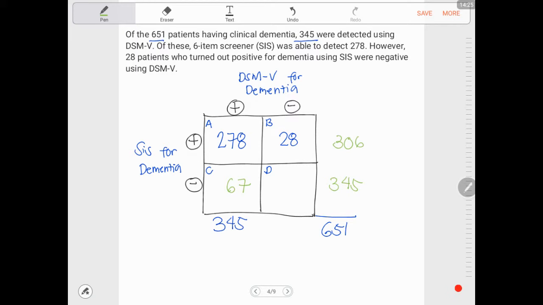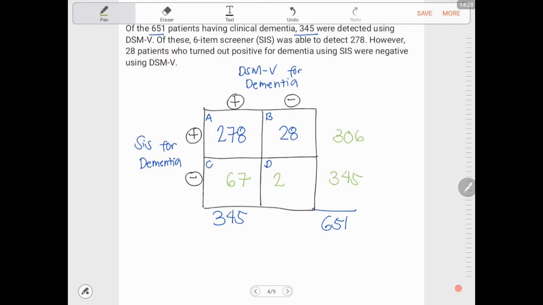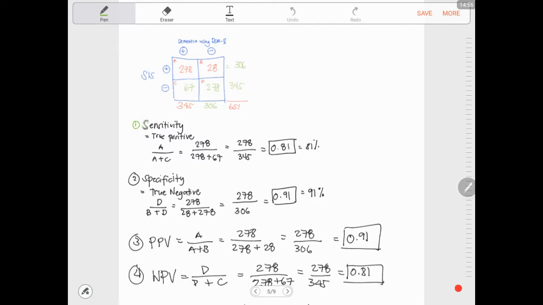Then 345 minus 67 gives us 278. Okay? 278 plus 28 equals 306. Alright? This one is the placement. The proper placement is very important. So, dito pa lang to not miss it.